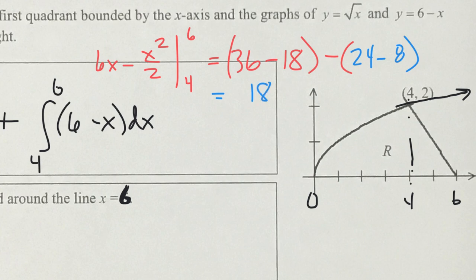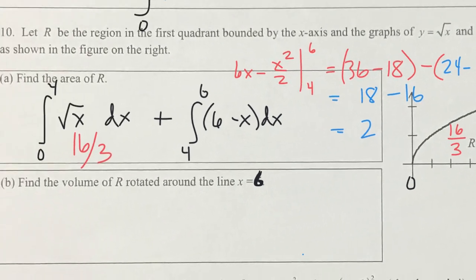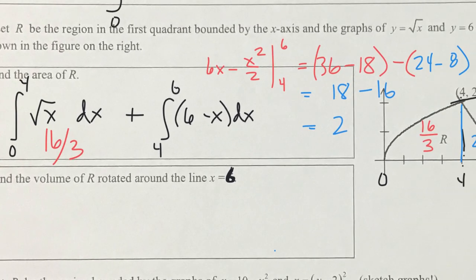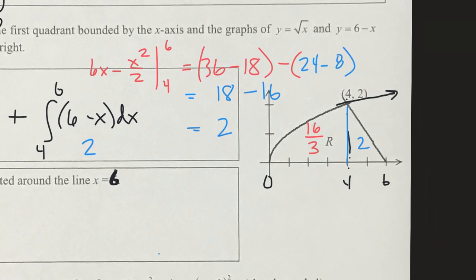So this is 18 minus 16, which is 2. So this area here is 2, and this area over here is 16/3. 16/3 plus 2, which is 6/3, is 22/3.